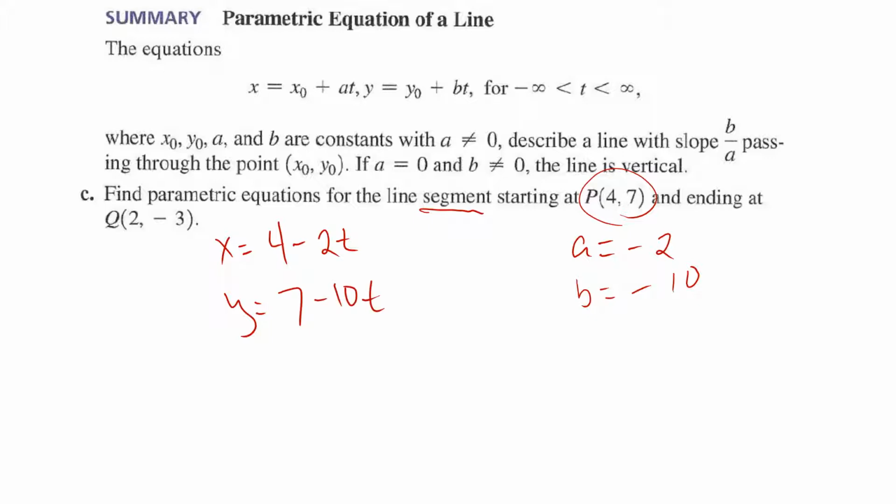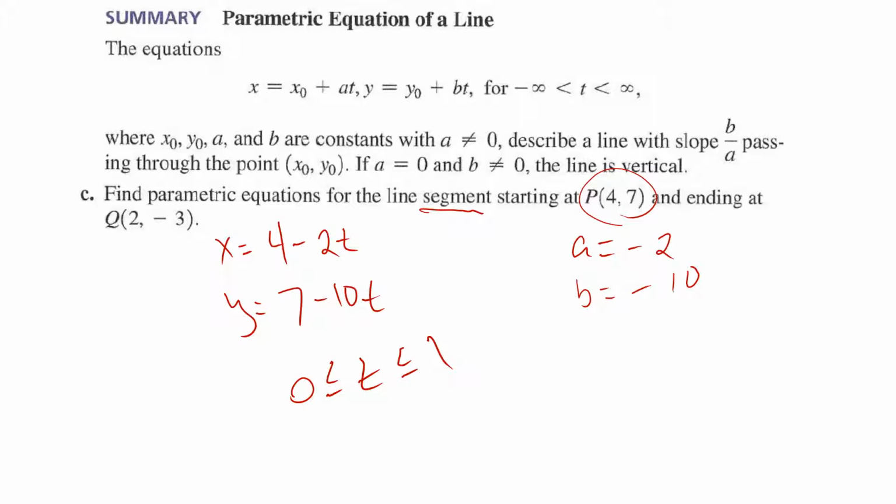And then it's always a good thing to know what is your window for t, because it is a segment. It starts and stops. So here, if we plug in 0 for t, we're going to get our initial point. So we know that 0 will be less than or equal to t, will be less than or equal to... What do we have to plug in to get our final point? Well, the way we did it, we just have to plug in 1.